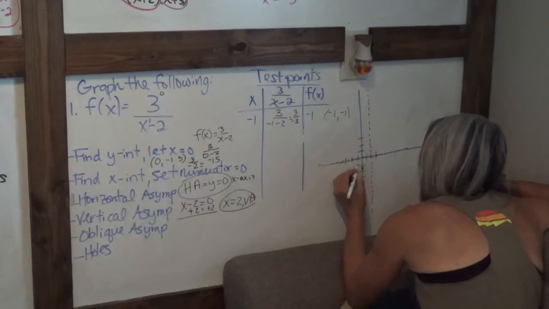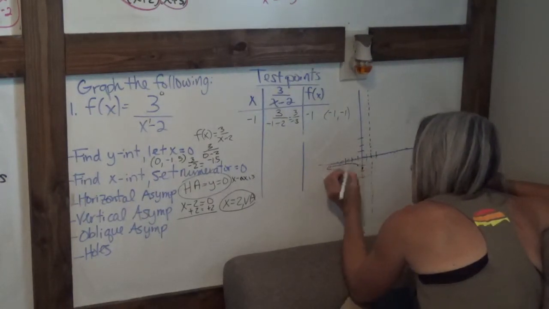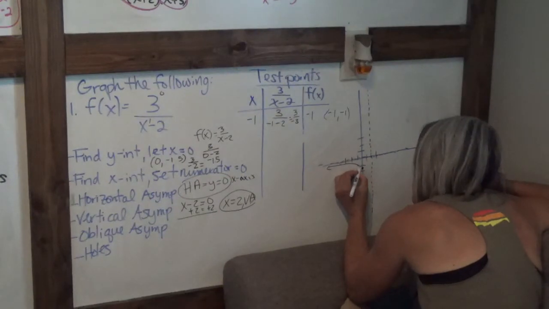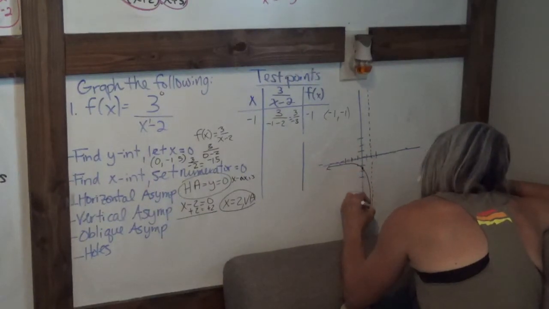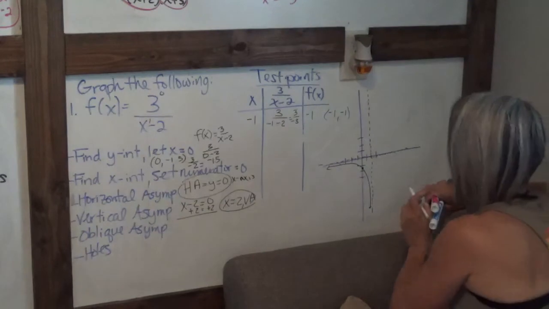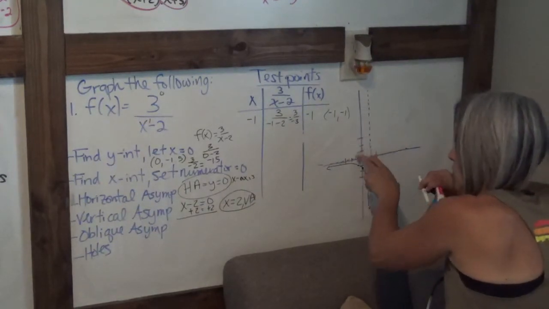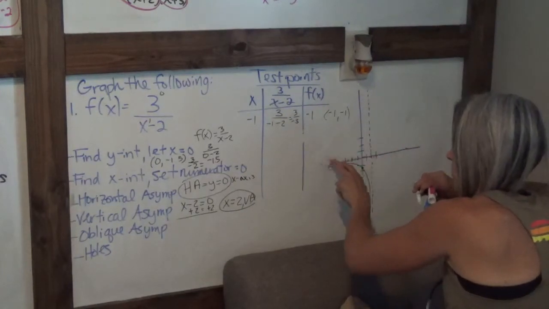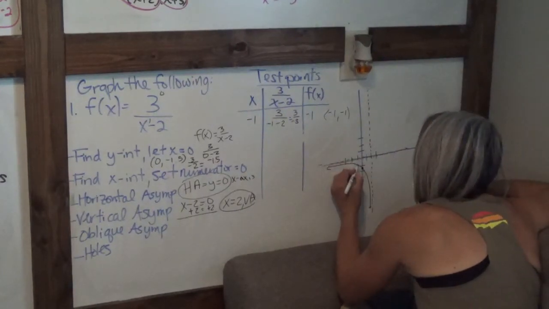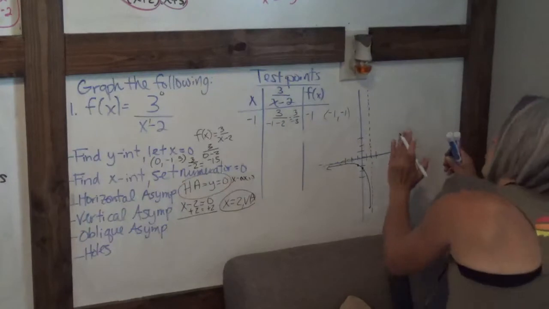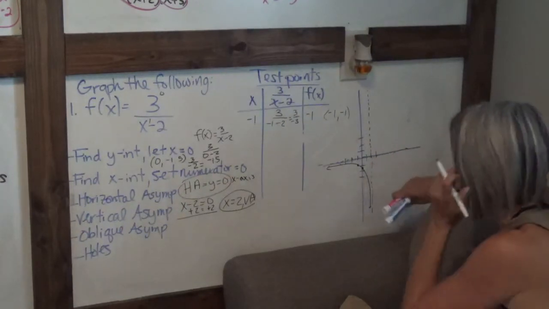Yep, this is not crossing the asymptote, because that's what a graph does, it doesn't cross it. And it's getting close to this other one. If for some reason our y-intercept was up in this area, then we would definitely know the graph is over here.